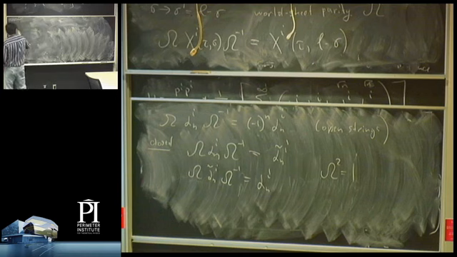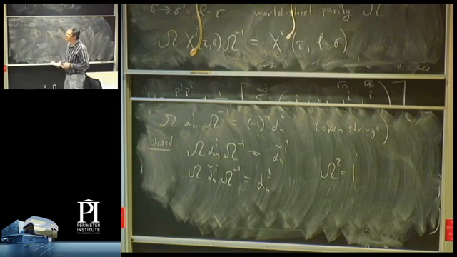We're going to make an assumption that our vacuum is invariant under this parity transformation, and it has parity plus. And in the case of closed strings, I have omega acting on the vacuum.